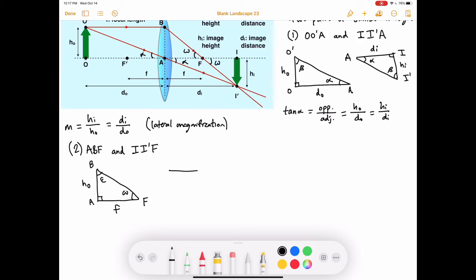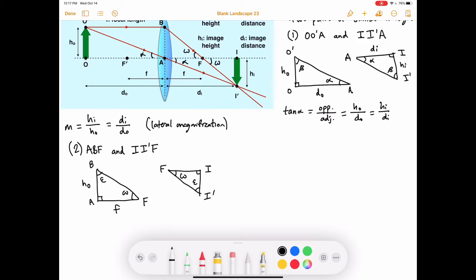Okay, our other triangle looks like this. We have I prime, and on this side, we have F. So this is another right triangle. Again, this angle omega is the same as in our other triangle, which means this is the same angle here, epsilon. So we have two similar triangles.